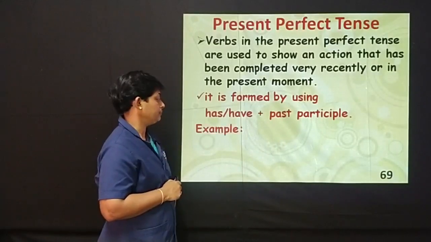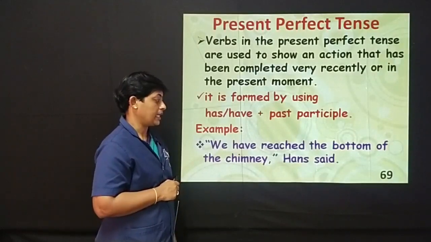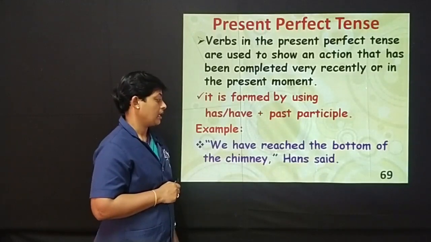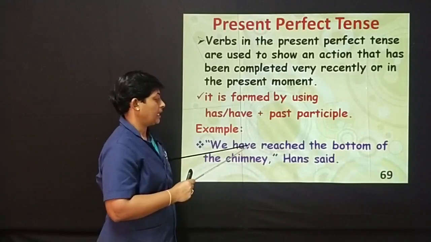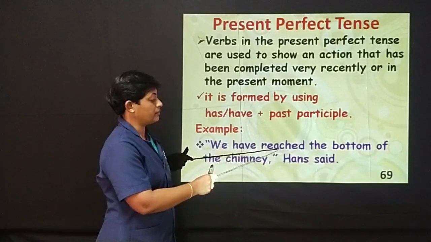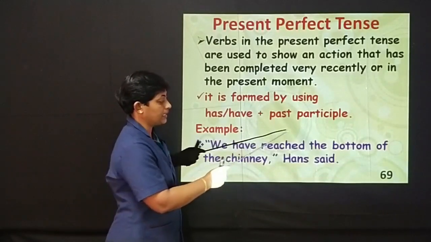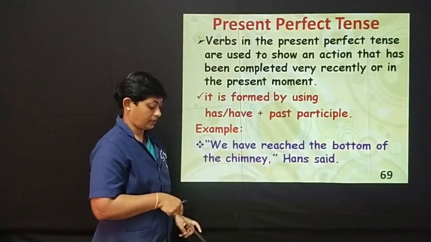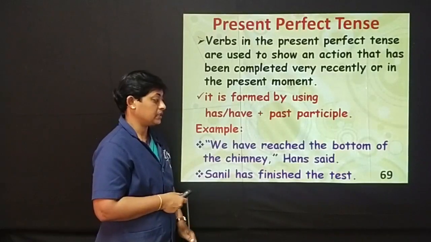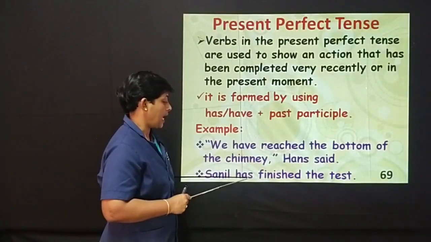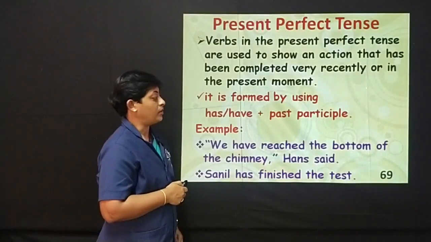For example, "We have reached the bottom of the chimney," Hans said. So here, have reached. Reach is the verb and we are making use of the past participle, that is reached. Another example, Sanil has finished the test. Has finished is the present perfect tense.